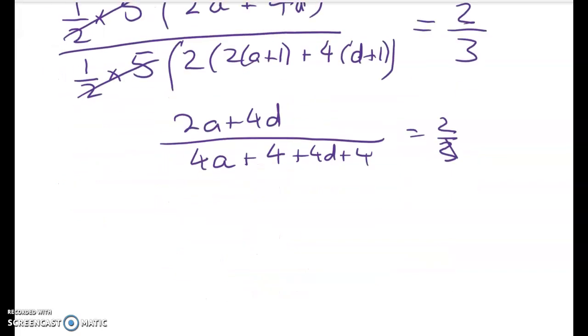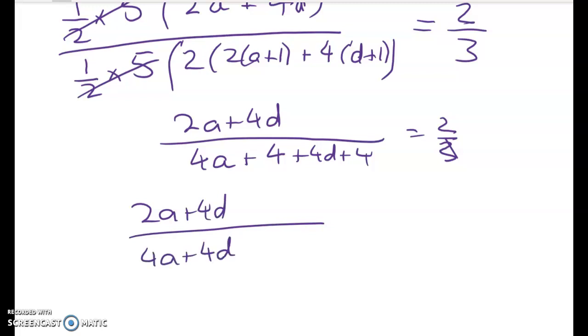Right, now we've got 2a plus 4d over 4a plus 4d plus 8 is equal to 2/3. So you can definitely simplify this in a few different ways, right? But I've just cleaned it up to that first.